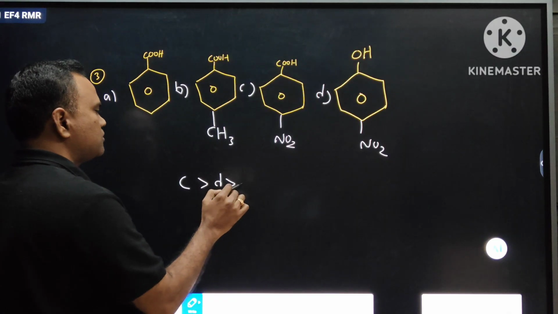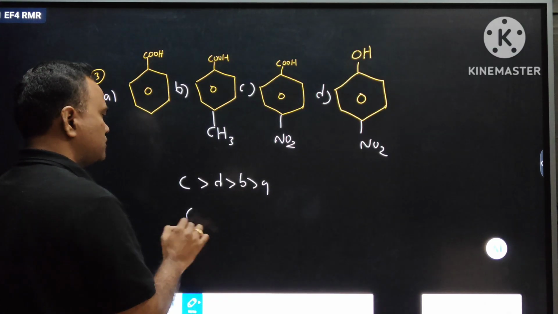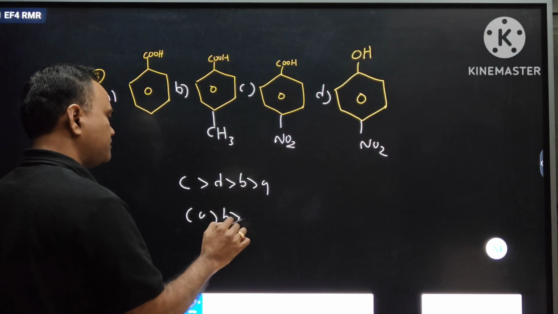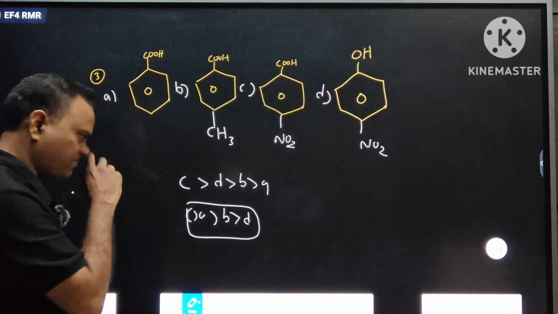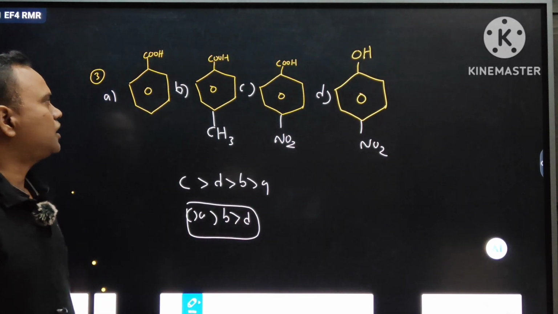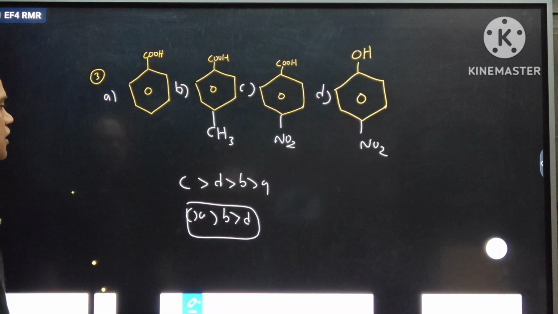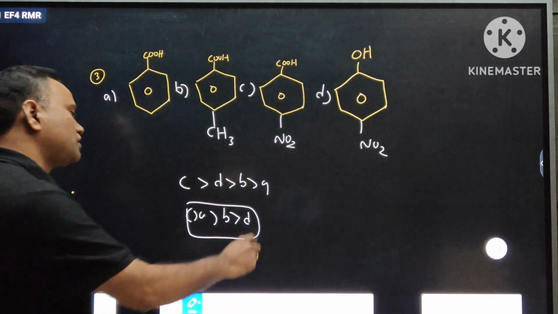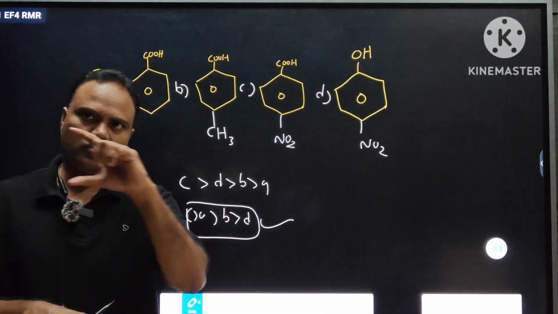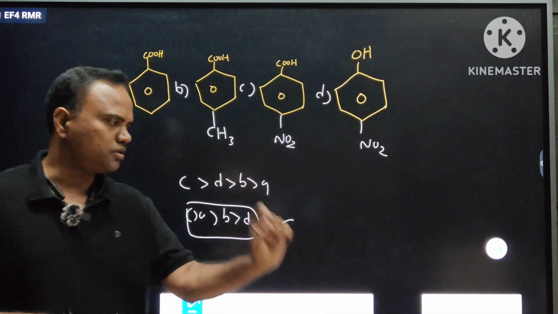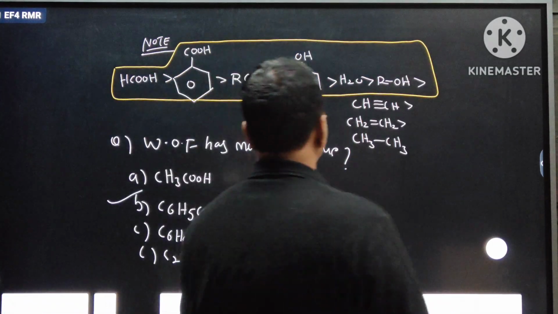C, A, B, D. C greater than A greater than B greater than D. This is the correct answer. Just now I gave it to you. Check the overall acidic nature. Once look at this.